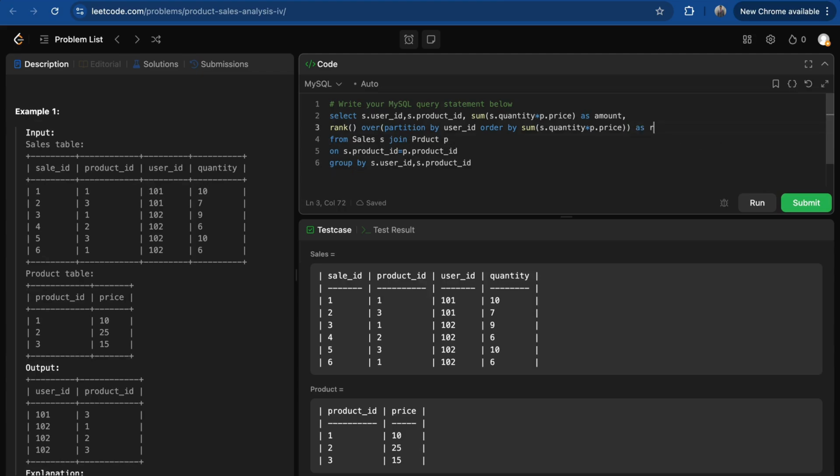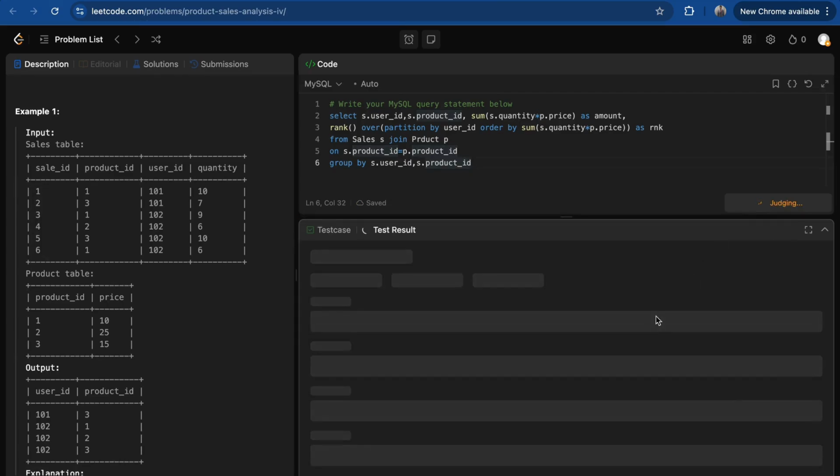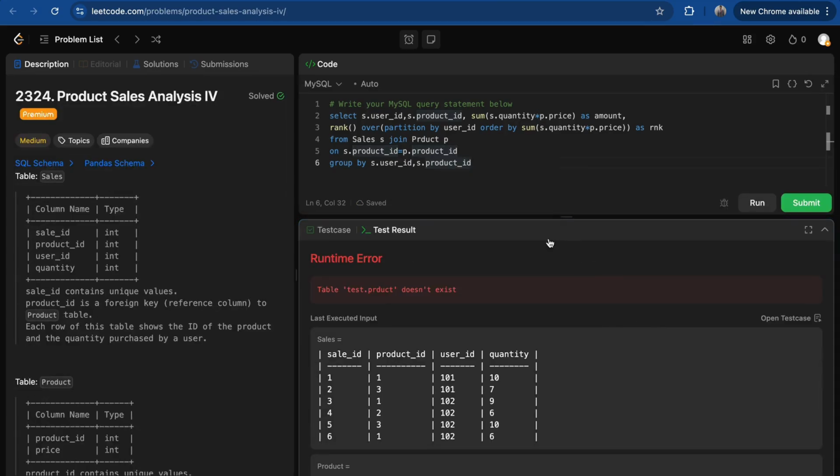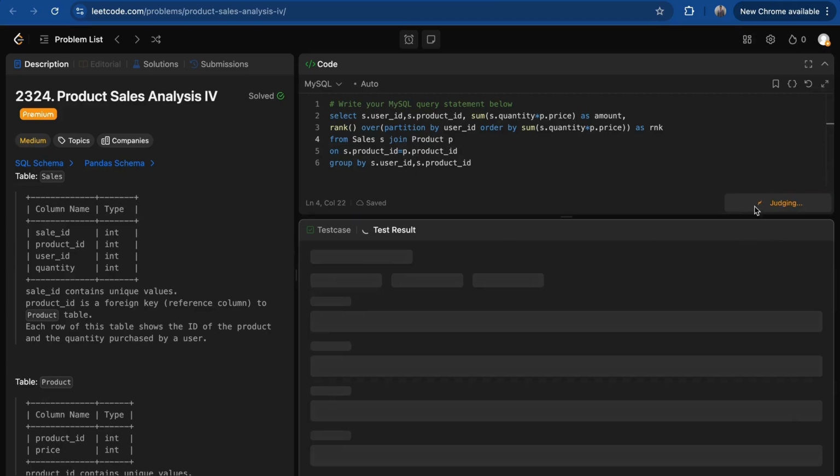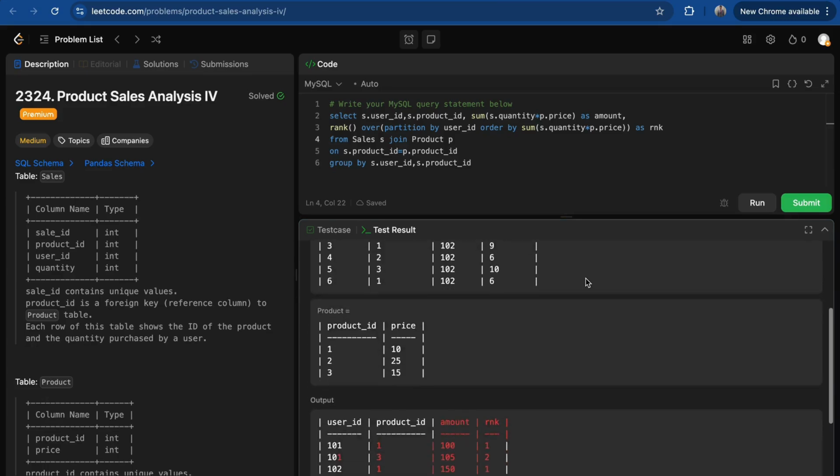Let's give it the name RNK. Now let's see what we are getting.